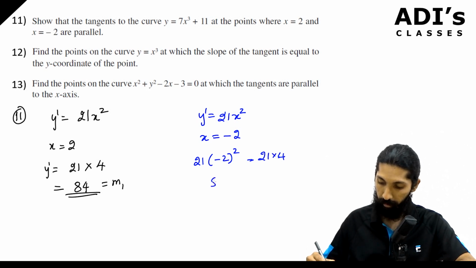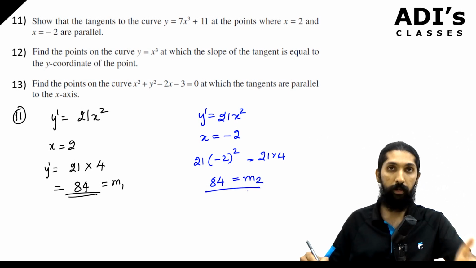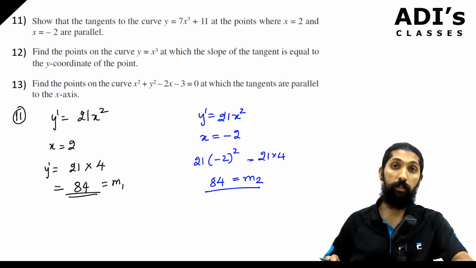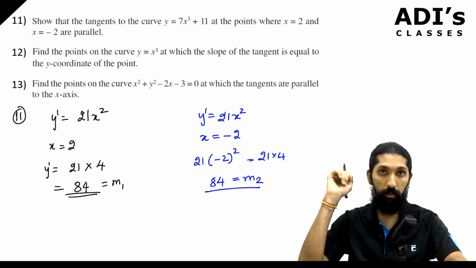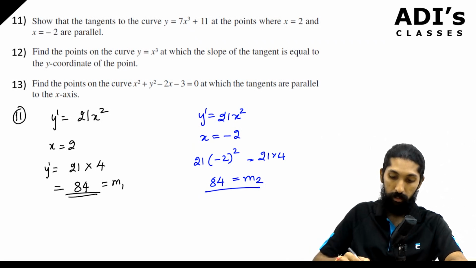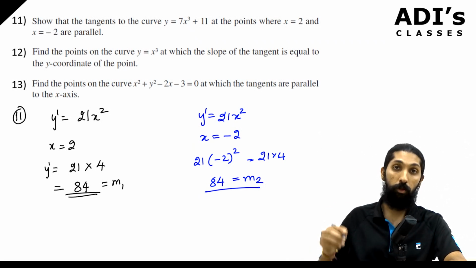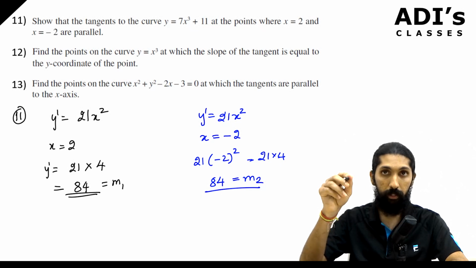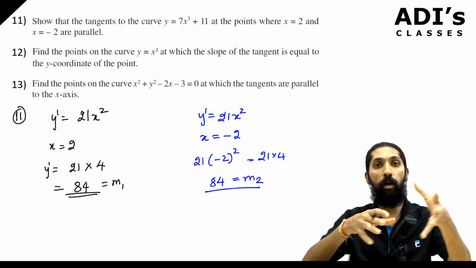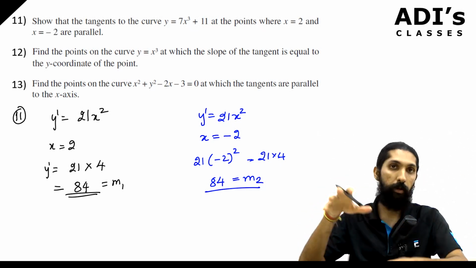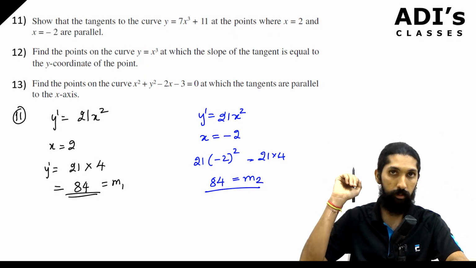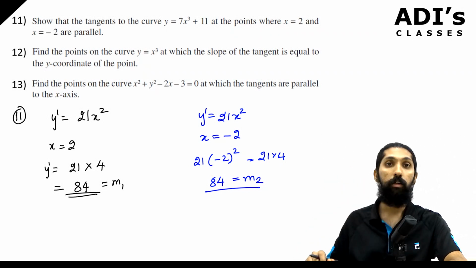That means you get 84, which is M2. So M1 and M2 are equal. If the slopes are the same, then we can say that the lines are parallel, isn't it? So the tangents are parallel. You have to write the concluding statement that since the slopes are equal, the tangents are parallel to each other. Understood? Now let's do the 12th question.